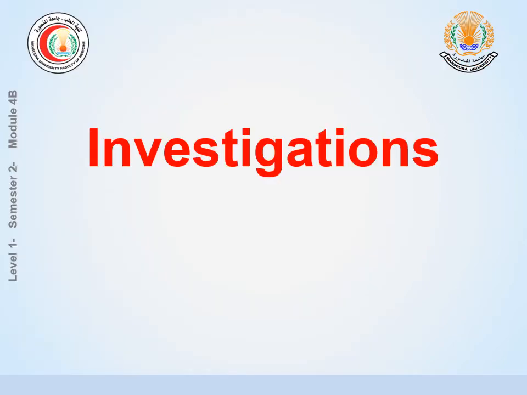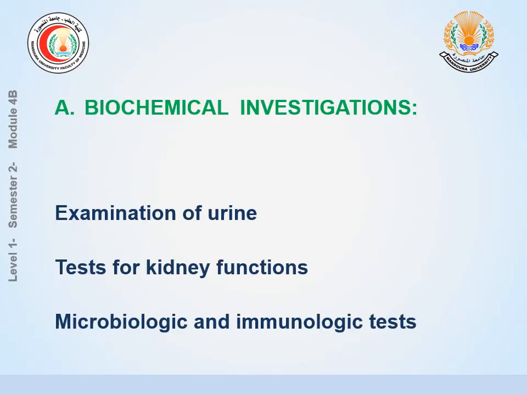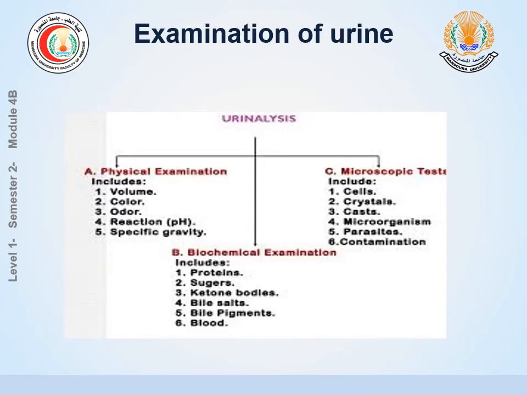For the investigations, we have at first biochemical investigation, including examination of urine, tests for kidney function, some microbiological and immunological tests that can help in diagnosis. Urine analysis is a simple test for the kidney function.